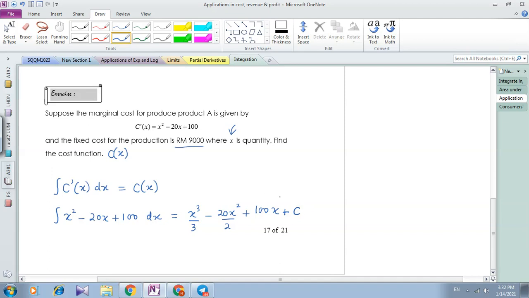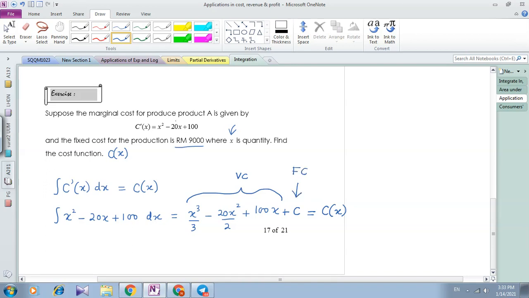Basically, this is your cost function. You must recall from the earlier chapters that the whole thing with x is the variable cost, and C is the constant, which means the fixed cost.